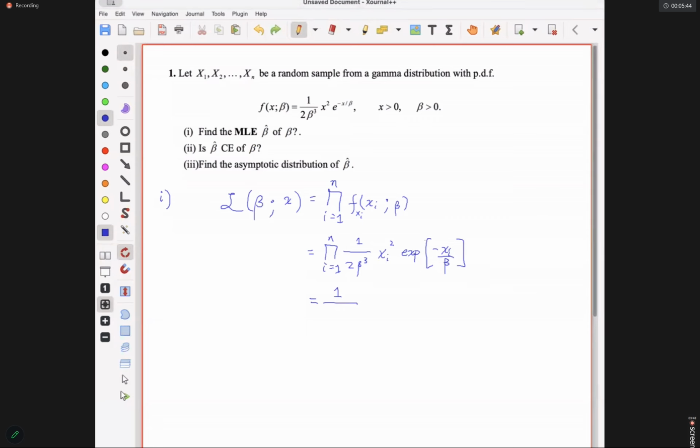And so we have n copies of this thing out front here. And so I can write this as 1 over 2 to the n, beta to the 3n. And then I'll have the rest of my product. Does that make sense how I did that?